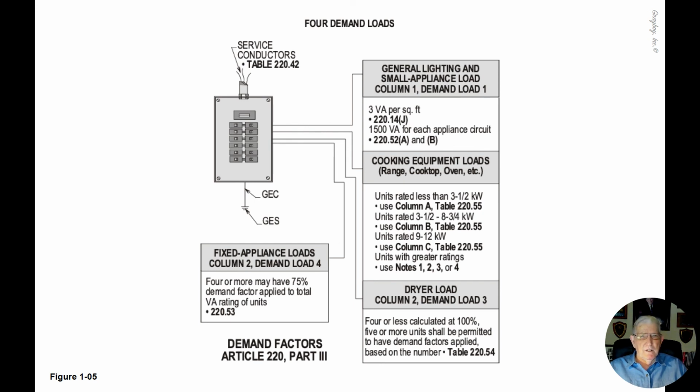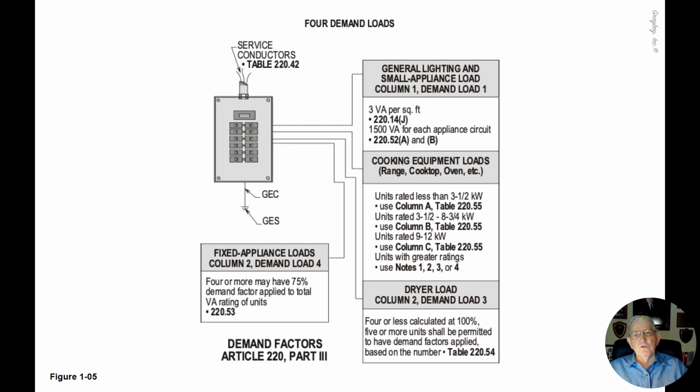Demand, yes, you'll have demand loads, and you'll have to figure an individual demand load for the general lighting and small appliance circuits, for individual pieces of cooking equipment, for the dryer loads, where you maybe have an apartment complex that they might give you a question on, and problem that we'll be reviewing, or fixed appliances. So keep in mind now, we are dealing where demand factors can be applied for the service or for a feeder circuit.